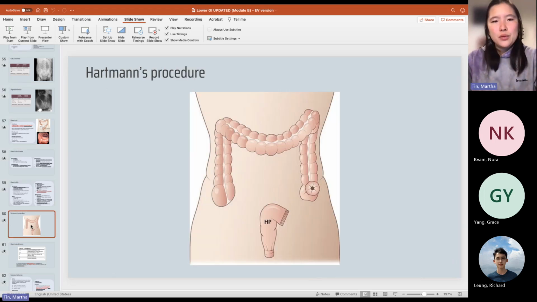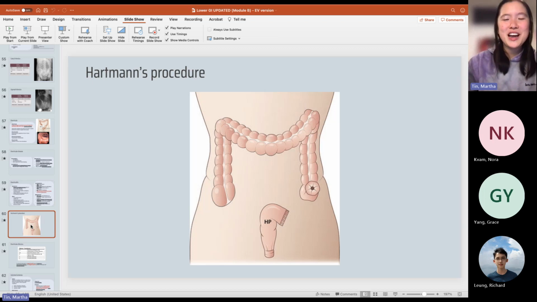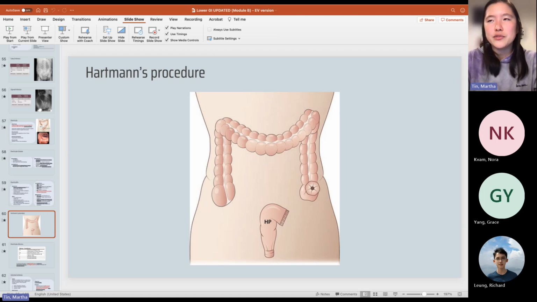So we mentioned this several times already in this presentation, but there's a slide for it in itself, the Hartmann's procedure. Nowadays, it's not so commonly done as a planned thing, but you might end up having one in an emergency setting, like I said, when you have perforation of your bowel.